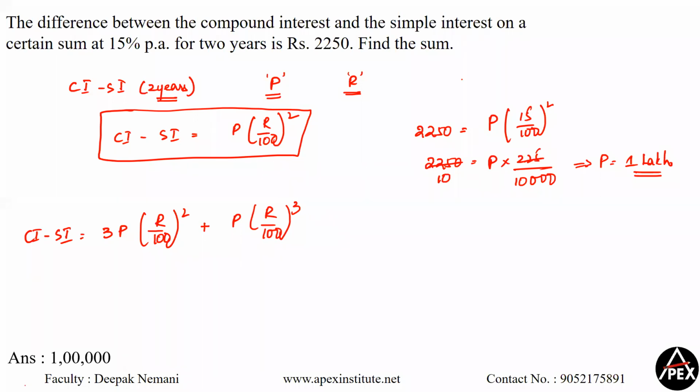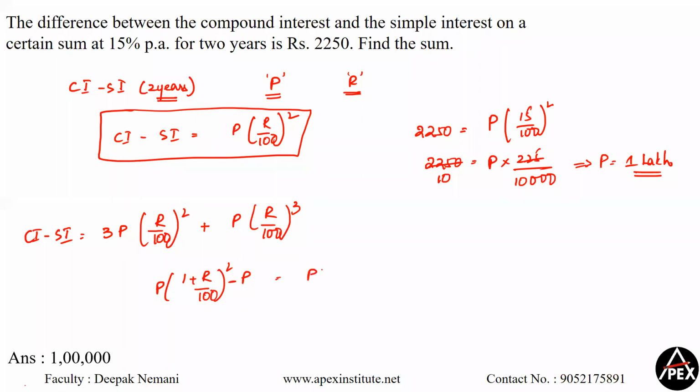How to solve without using formula? This is not a shortcut. For example, how do you find compound interest for 2 years? P into 1 plus R by 100 whole square minus P, isn't it?